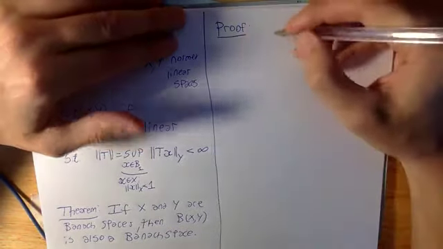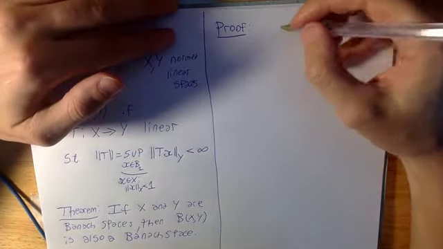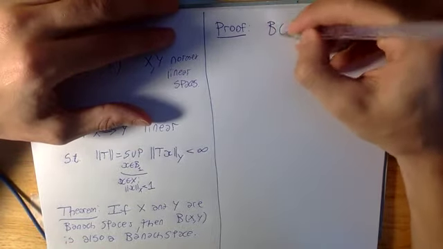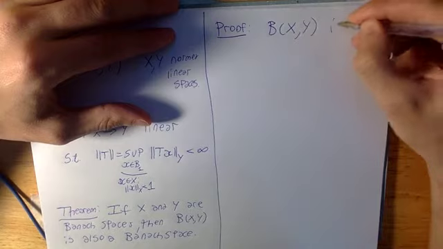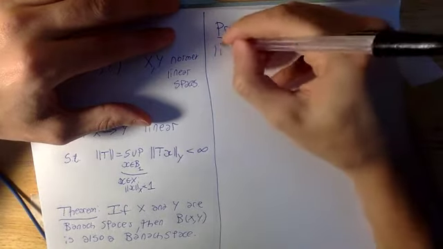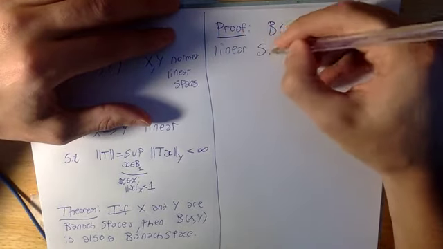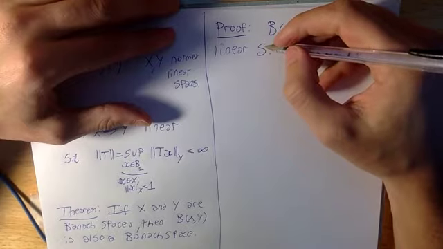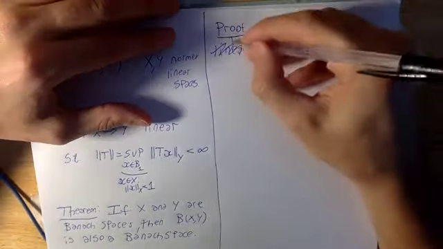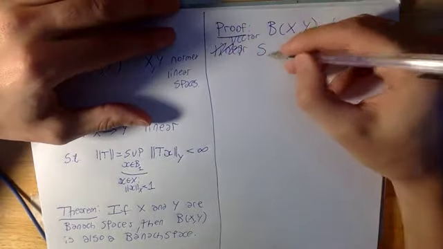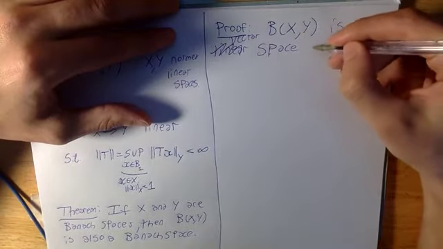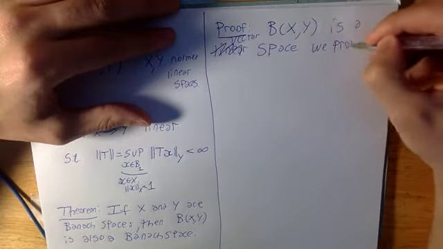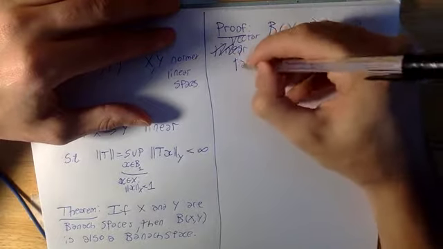Okay, so the fact that B(X,Y) is a linear space, a vector space, we proved last class.